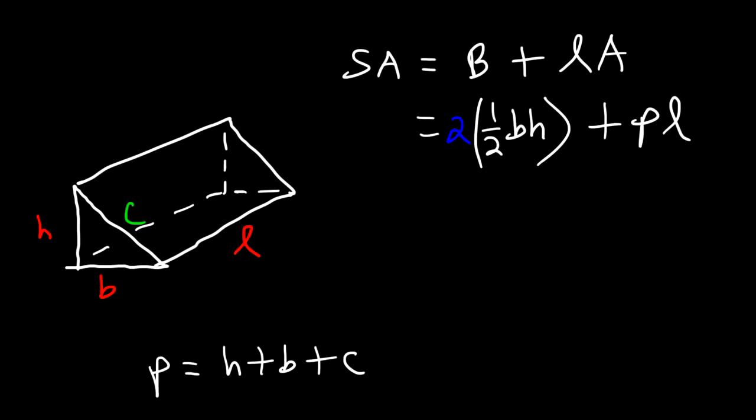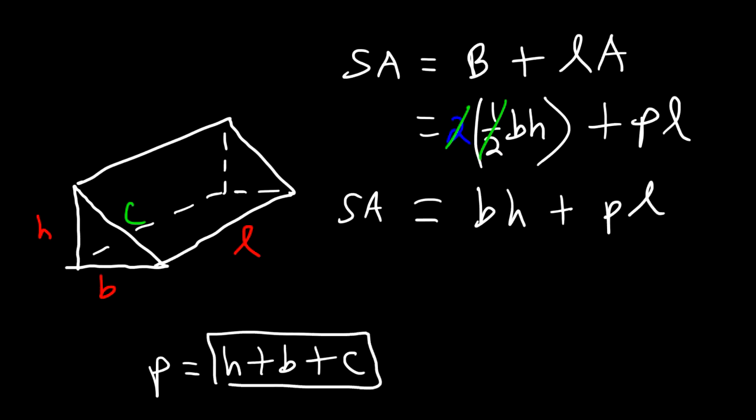So therefore, here's your simplified equation that you need. The surface area is going to be the base times the height. 2 times 1/2 is basically 1, so you can cancel it, plus the perimeter times the length of the prism, where the perimeter is just h plus b plus c.